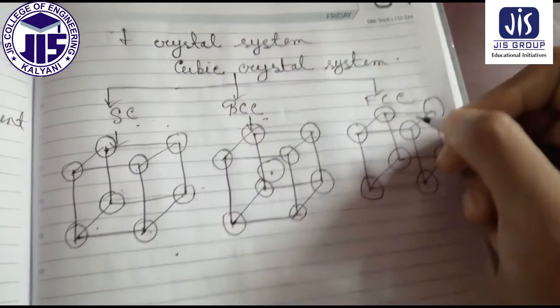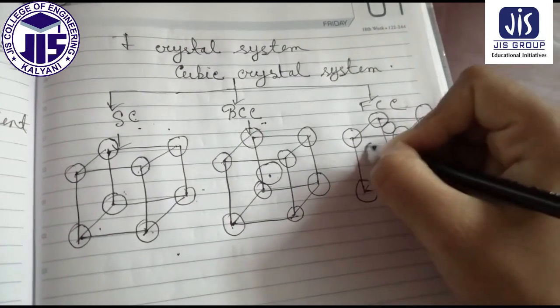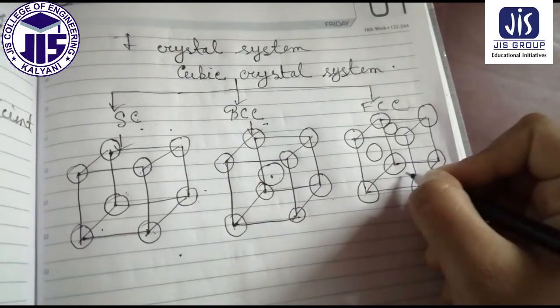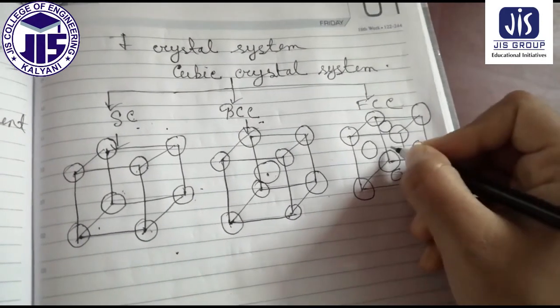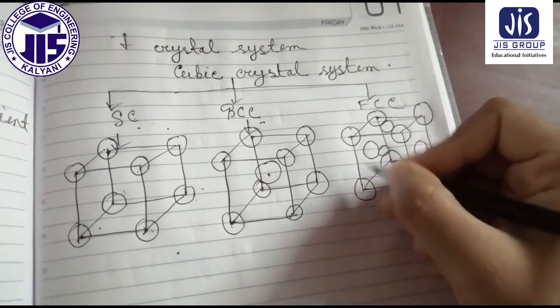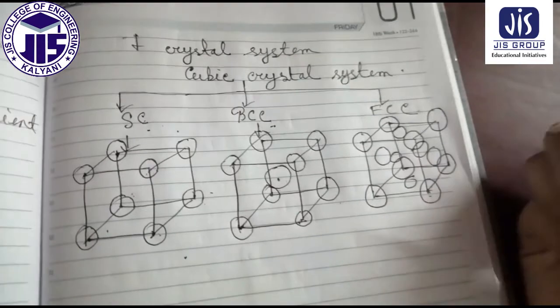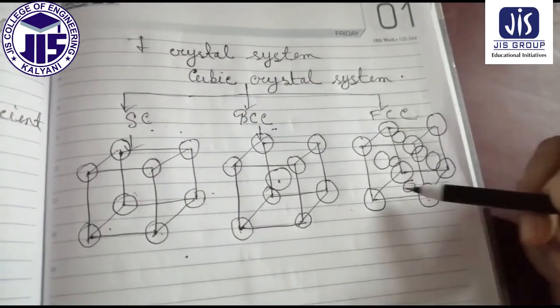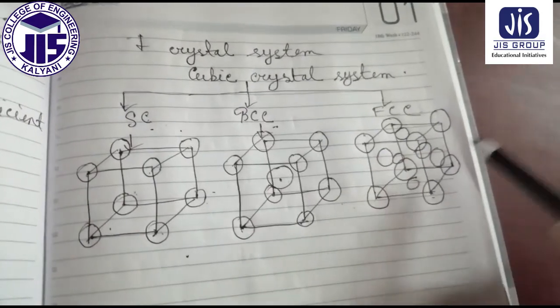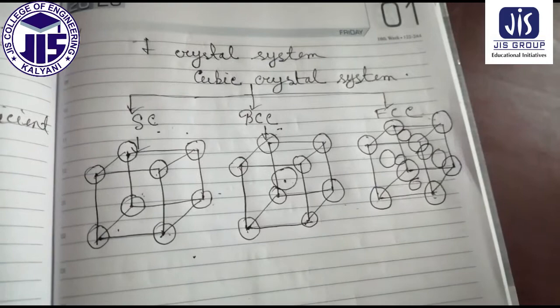Now on each face there will be one atom: this is 1, this is 2, this is 3, this is 4, this is 5 and the one behind, that is 6. So on each face there is one atom. That's why it is called face centered cubic crystal.